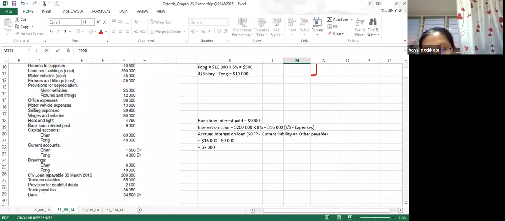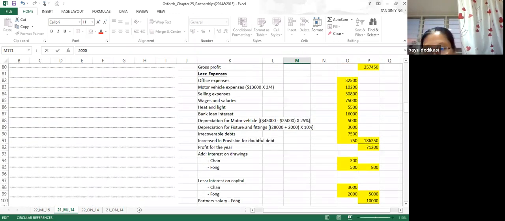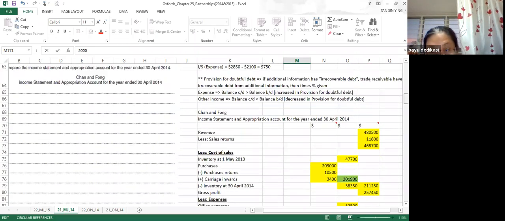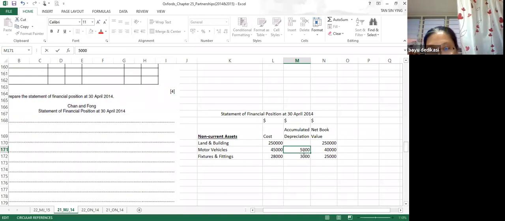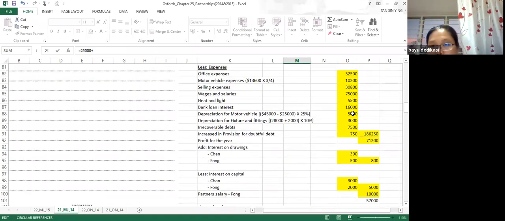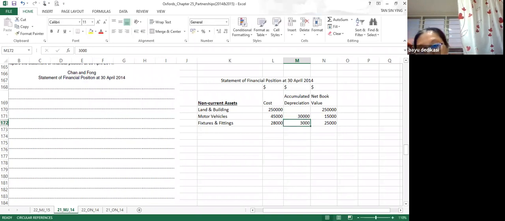How much is your accumulated depreciation? $25,000 plus the income statement amount. Yes. Okay, same for your furniture.